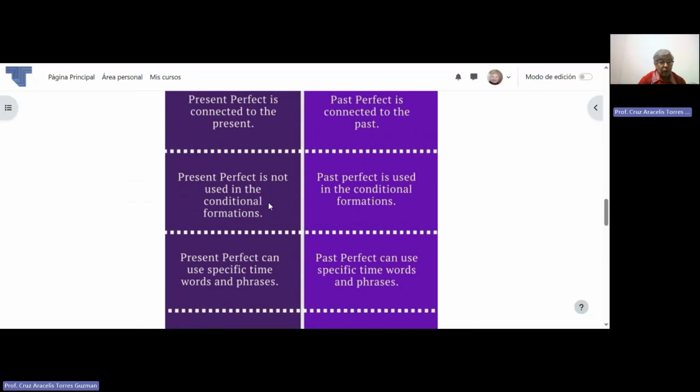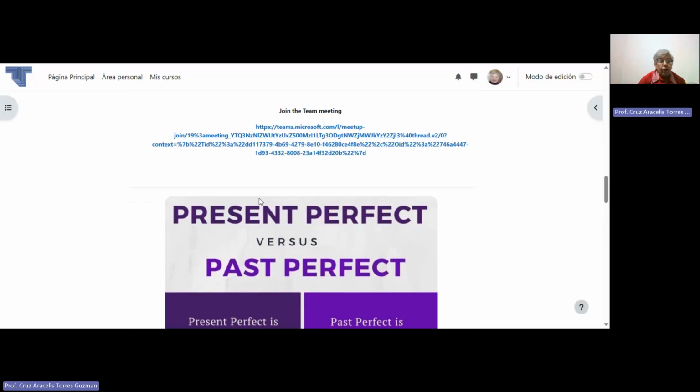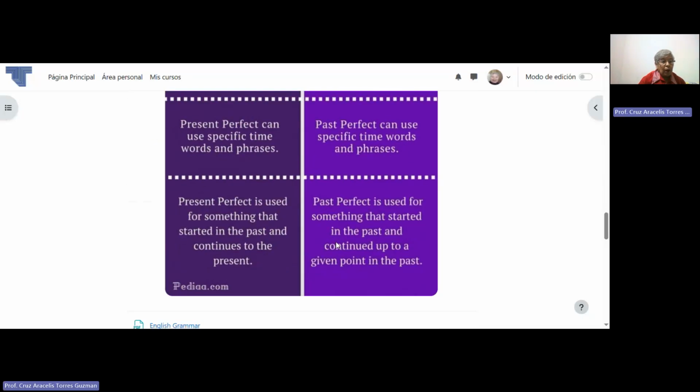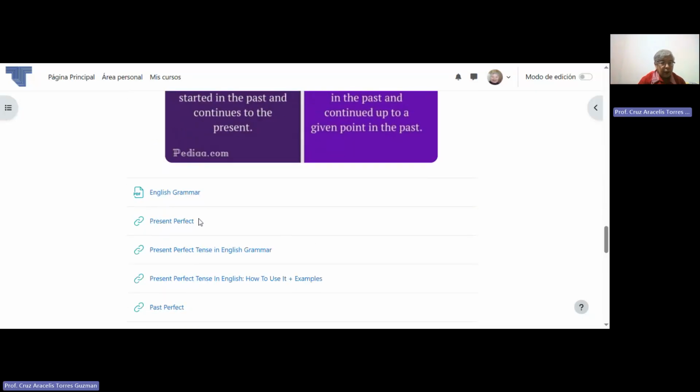And okay, so let's look at them apart. What is present and what's past? Present perfect first, so we can see it. We use both first and third.